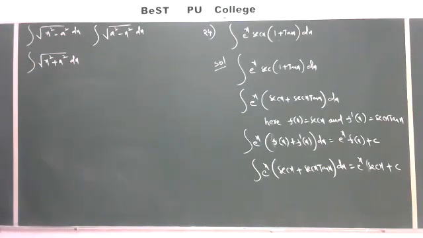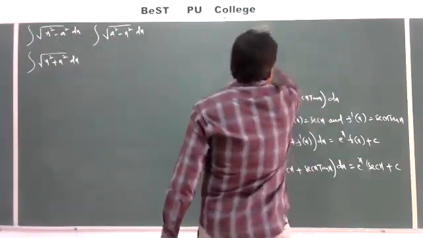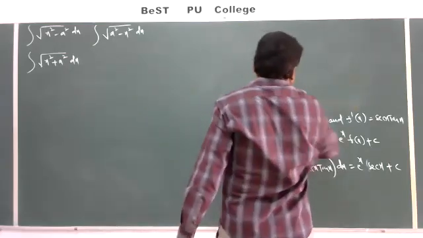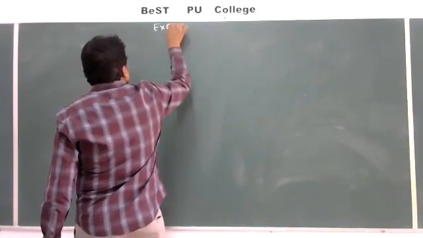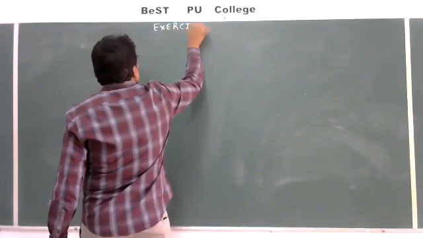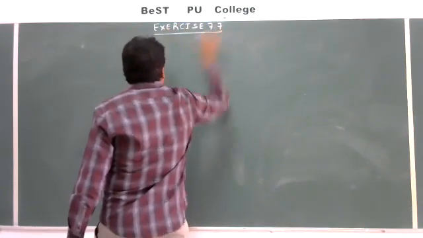The next exercise depends on these formulas. That is exercise 7.7.